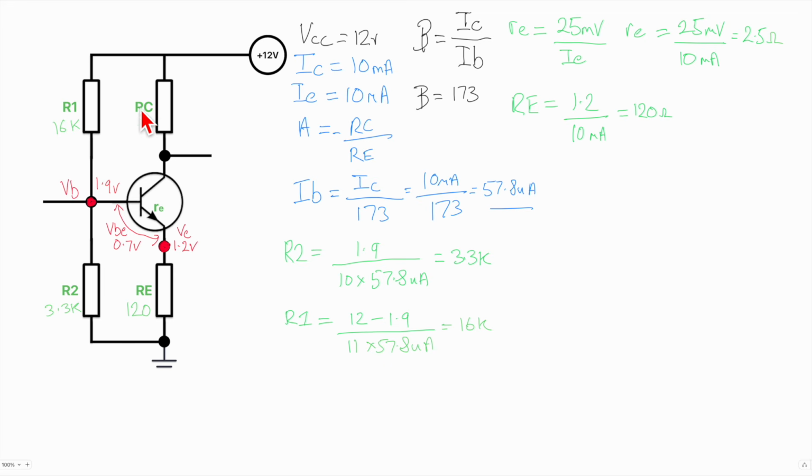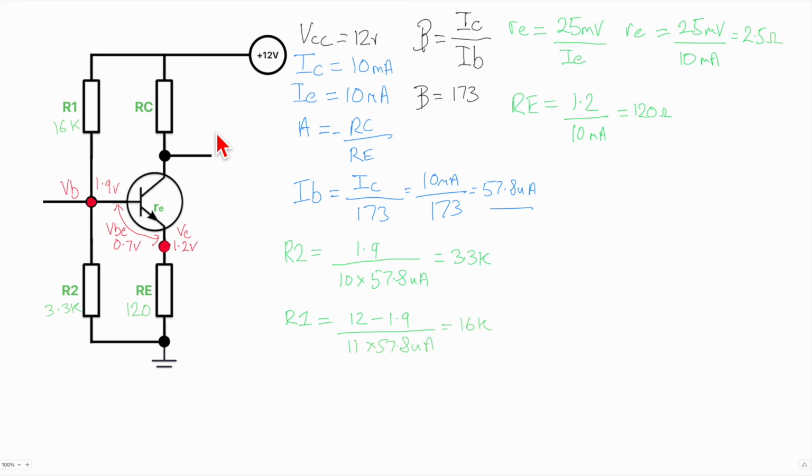It's important because it will determine the voltage gain. It's important because it will define the output impedance of the amplifier when we get to the small signal analysis. But also it's really important because it's going to set this quiescent point on the collector.